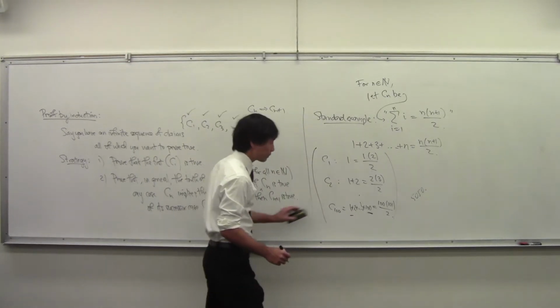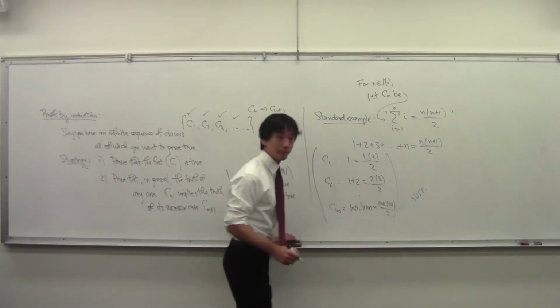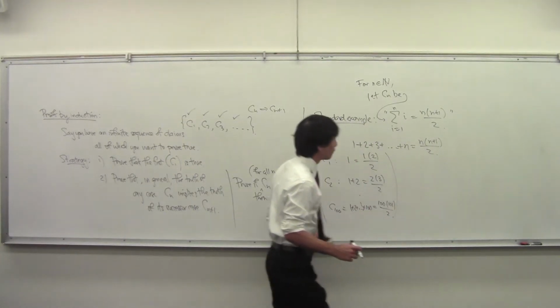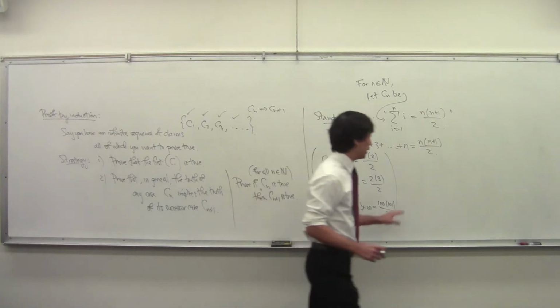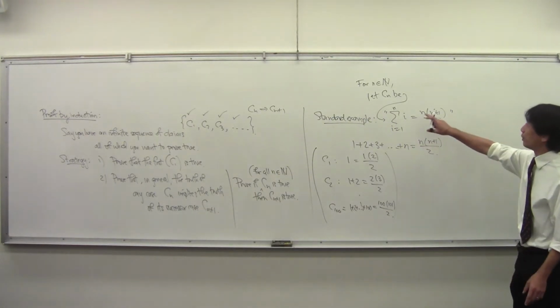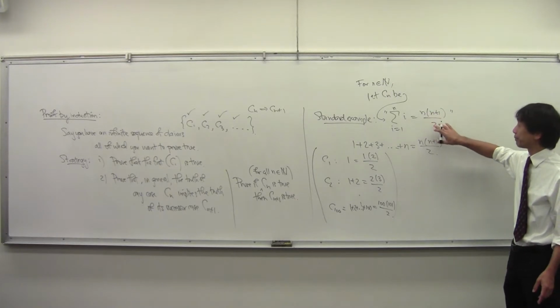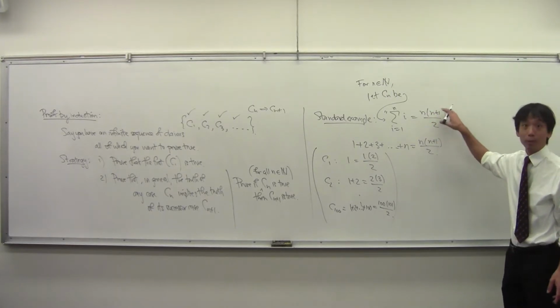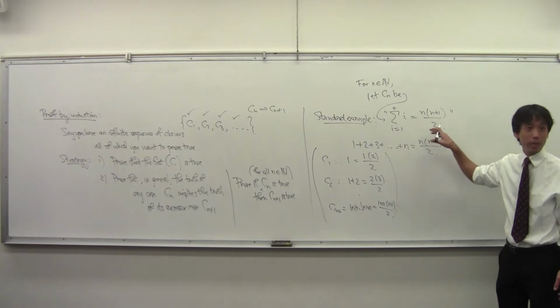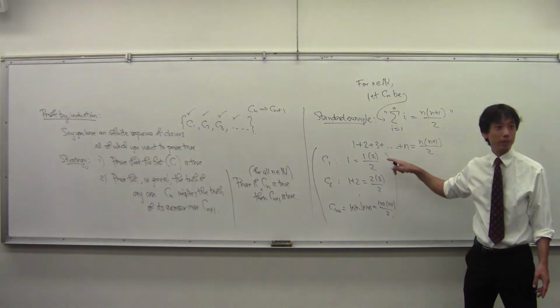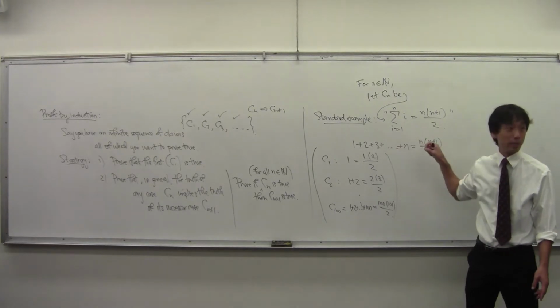So let's see the pattern. Suppose we have this infinite sequence of claims, and we want to prove them all true. Well, if we want to do it by induction, we'll prove the first one, and then we prove the general statement, that one case implies the next.